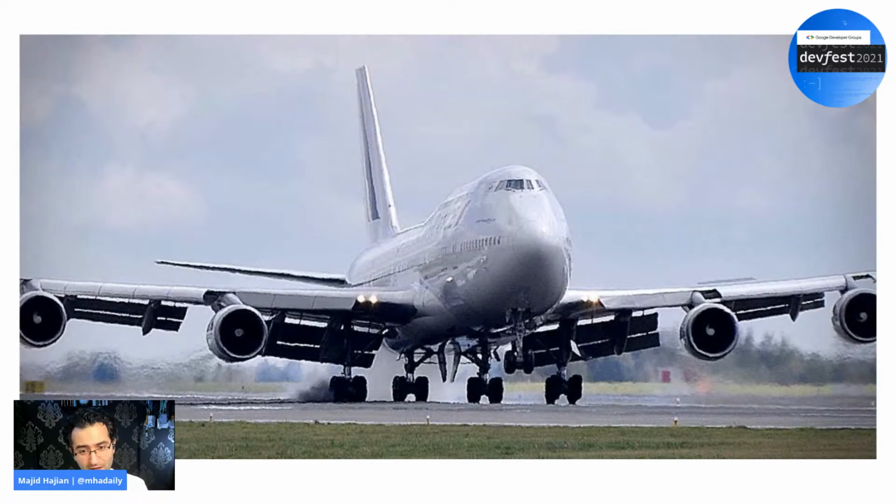Let me give you a quick example. When I was traveling a couple of days ago to DroidCon London, I was thinking about airplanes and aircraft, and how they are created or architected. As a matter of fact, we have a couple of different aircraft when it comes to designing the engine. This is a real example.